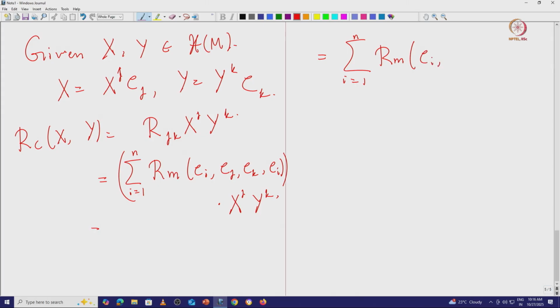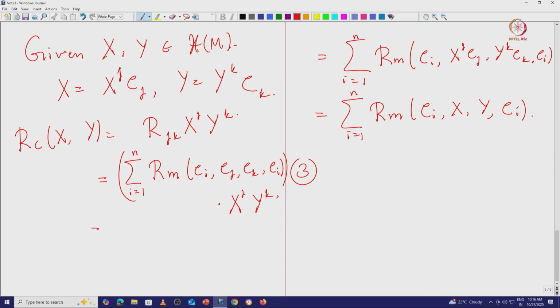This is the same as this, where again you sum over j and k, so that is just going to give you Rm(E_i, x, y, E_i). Okay, so that proves the second part.